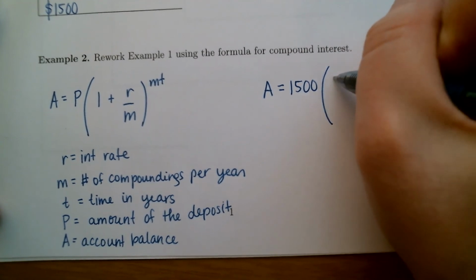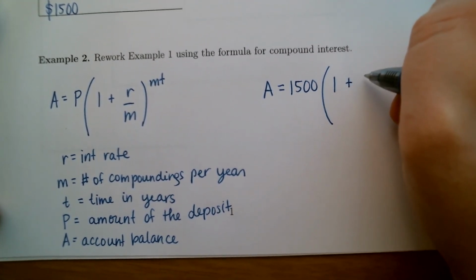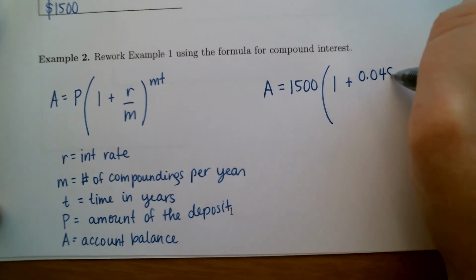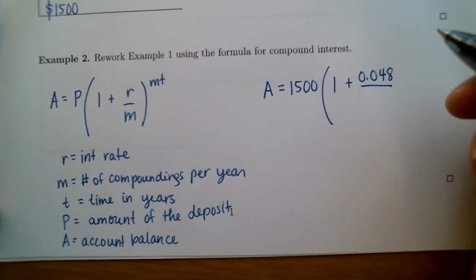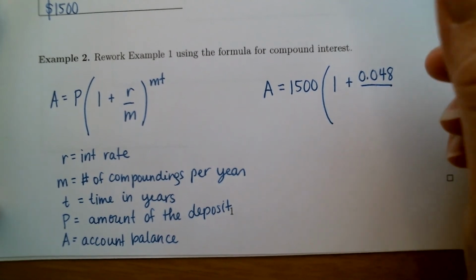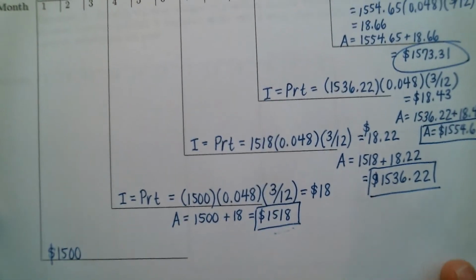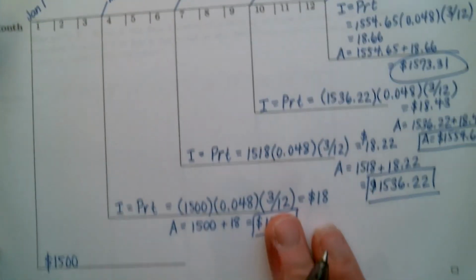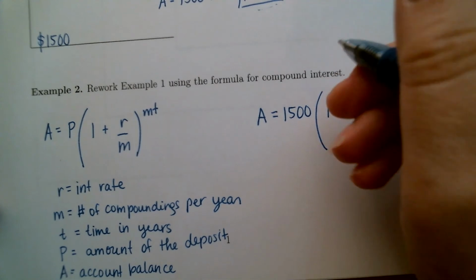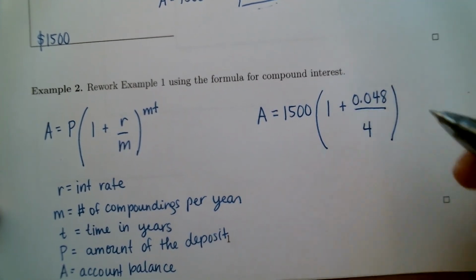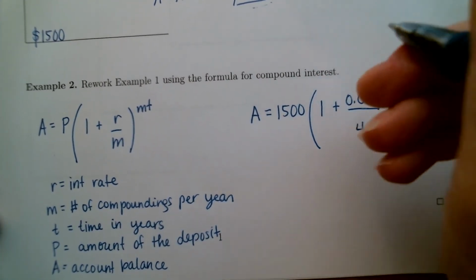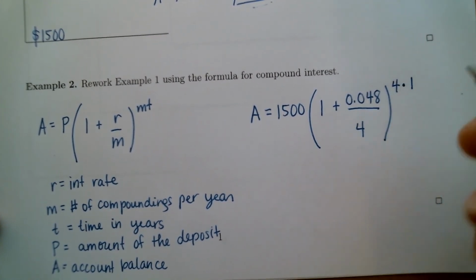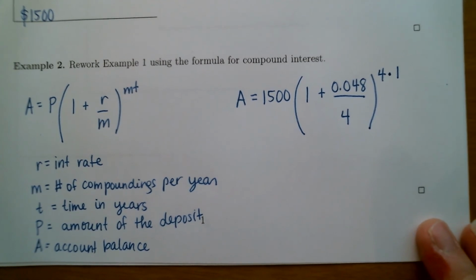The R value is the interest rate, which has to be a decimal, so it's going to be 0.048. You need to divide that by the number of compoundings per year. The interest was compounded quarterly, so every 3 months is 4 times a year. So for quarterly, we're going to use M equals 4. You're going to raise this to the 4 times T power. The number of years you kept the money in the account was 1 year here.